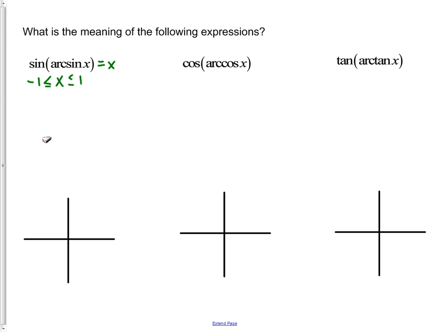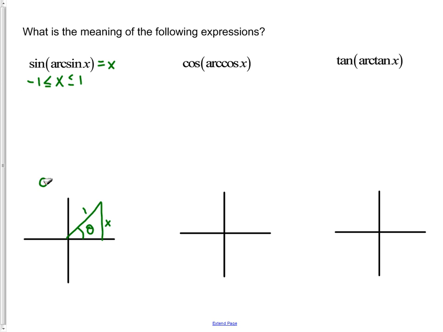Now, how can I go about proving that to you? Well, I kind of think about it this way. If I had a right triangle, let's say I put it here in the first quadrant, there is some angle theta whose sine is equal to x, right? So in other words, just remove the sine from the outside right here.